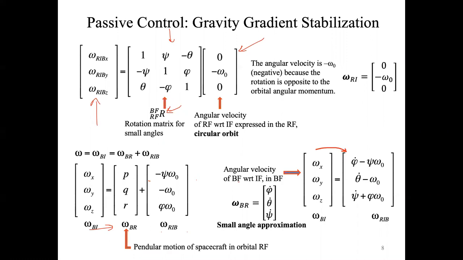And if you do so, you can see at the end, in the bottom left of the slide, that now you have omega, the angular velocity of the orbital reference frame with respect to the inertial reference frame, given by this vector that you can obtain by multiplying this matrix by this vector here.